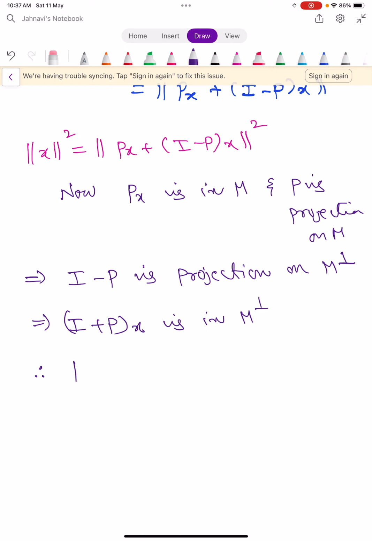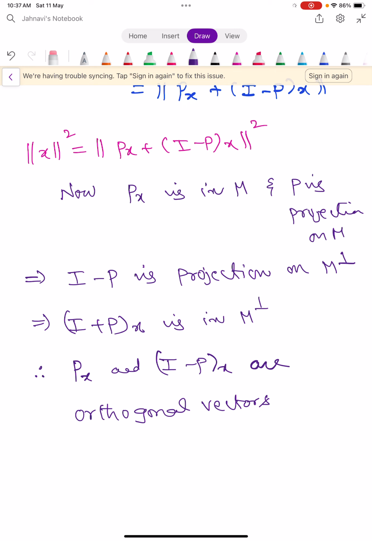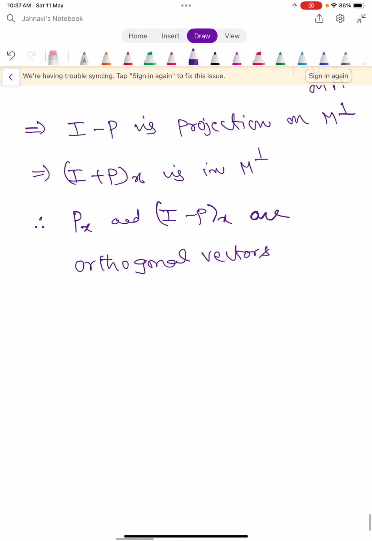Therefore, we conclude that Px and (I minus P)x are orthogonal vectors.